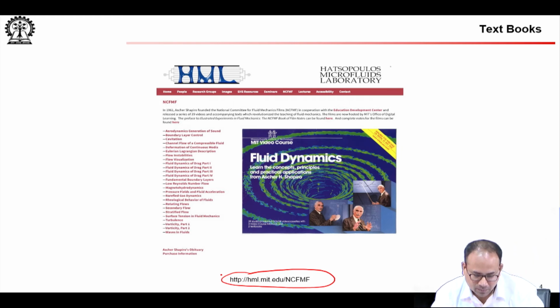So, there you can go through boundary layer. Okay, it is not boundary layer control. This one you see here says fundamentals of boundary layers.